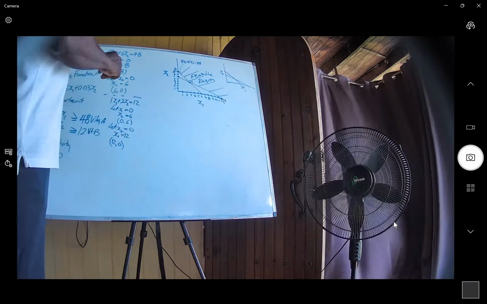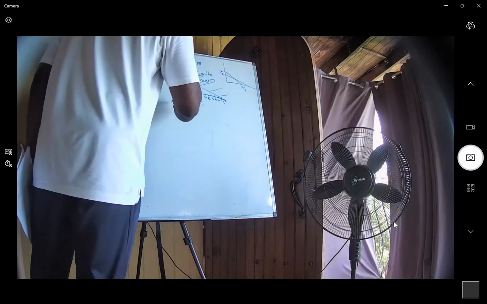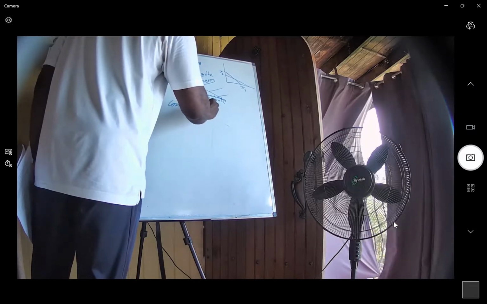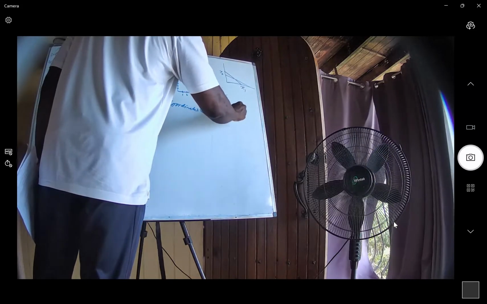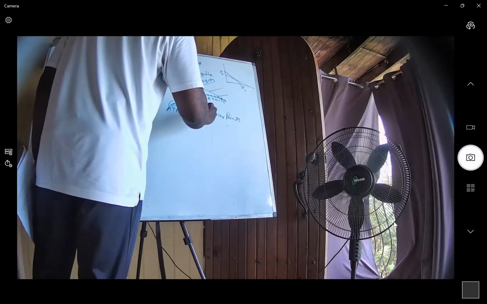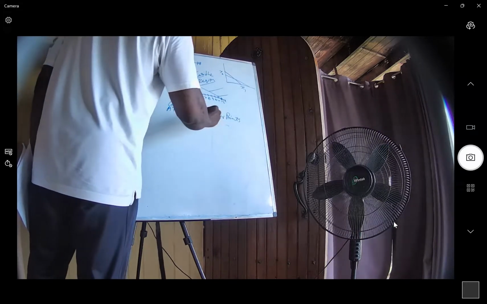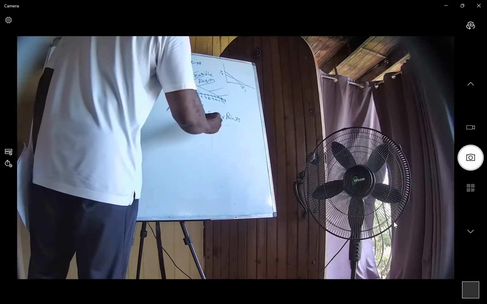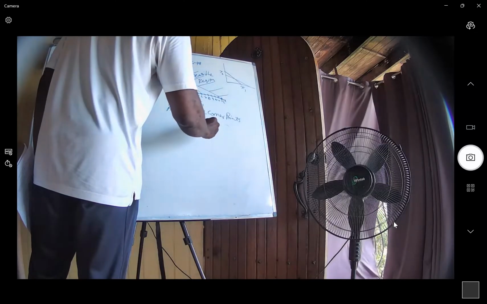So my coordinates at my corner points: at point A, what is it? 12 and 0. At point B, 0 and 8. And at point C, define that.